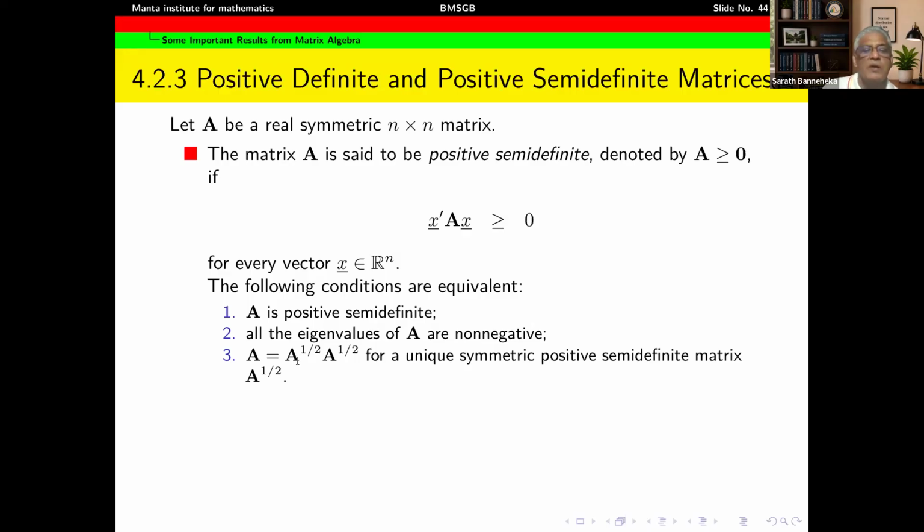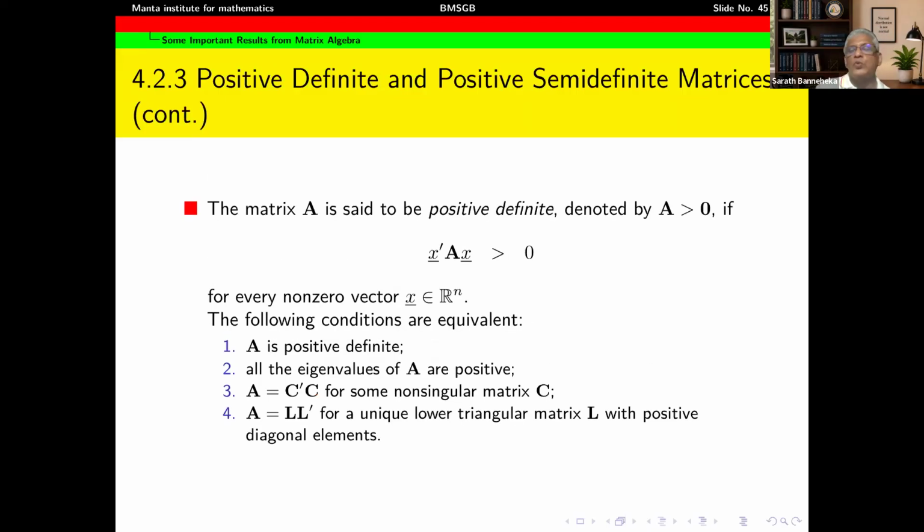This is coming from the previous one I showed you for the S matrix. There exists a square root. We are still considering the real symmetric situation. So from the spectral decomposition, we can actually get this kind of square root matrix. So there exists a unique symmetric positive semi-definite square root matrix.